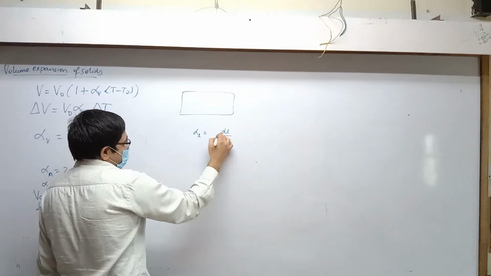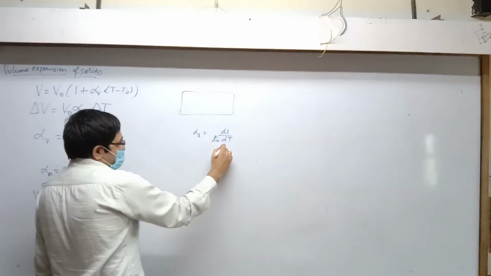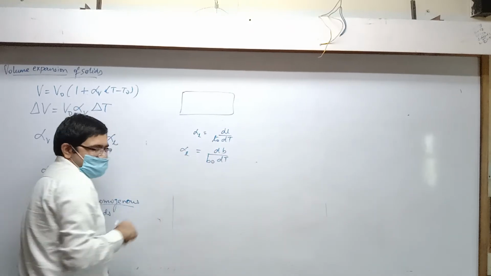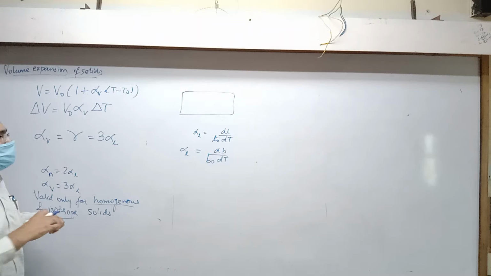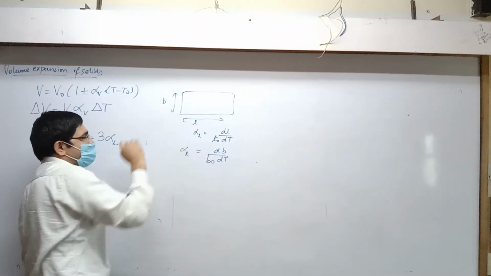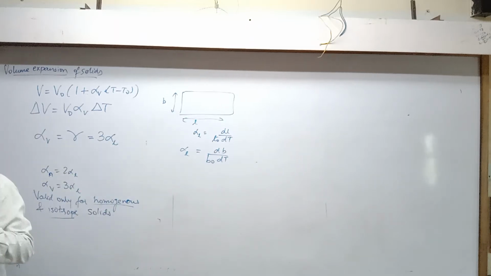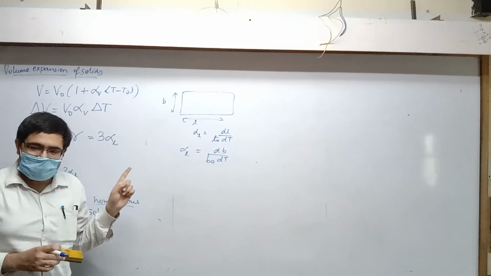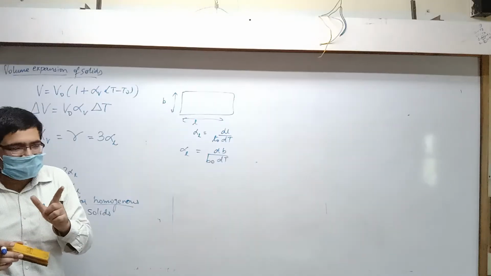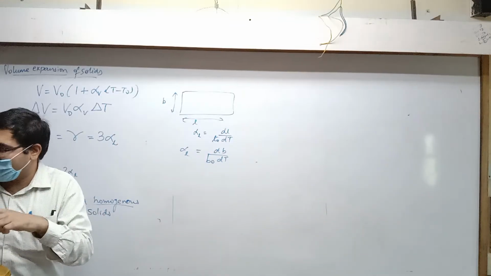So we write dL by L0 dT, and dB by B0 dT, this also we used to write as alpha. So what this means is, on one axis of length and on the other axis of breadth, in both directions the value of alpha is the same. Isotropic means there is no preferred direction, or what that means is all directions behave equivalently or identically.